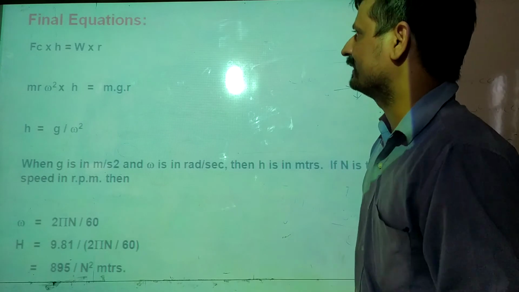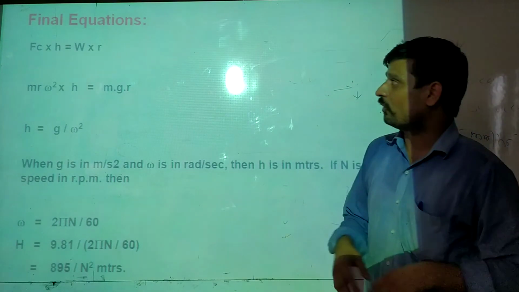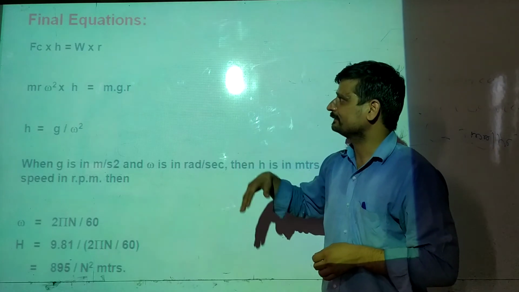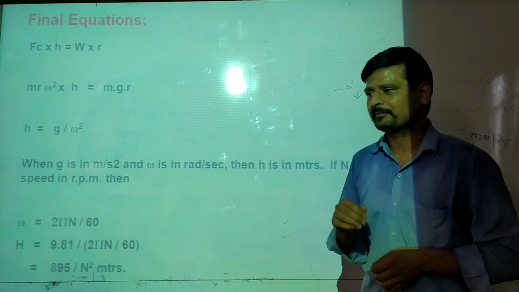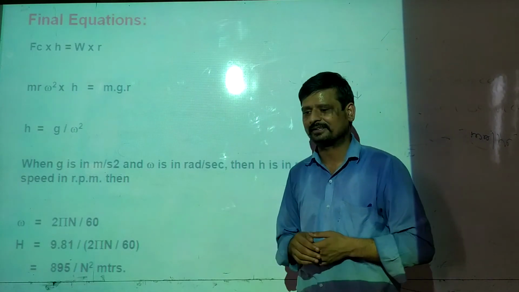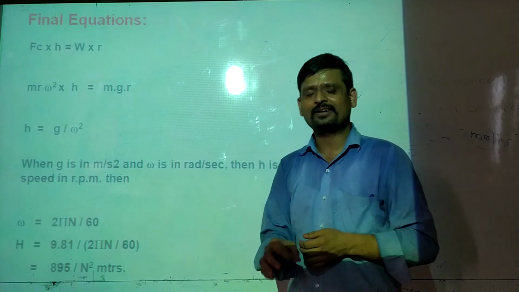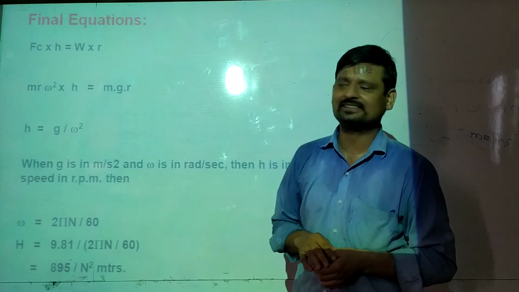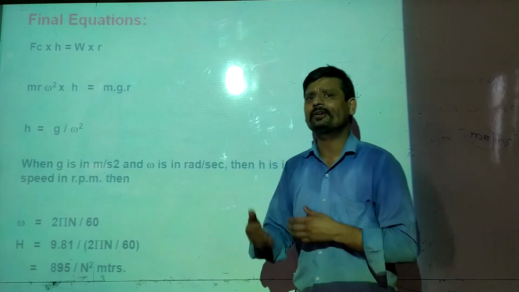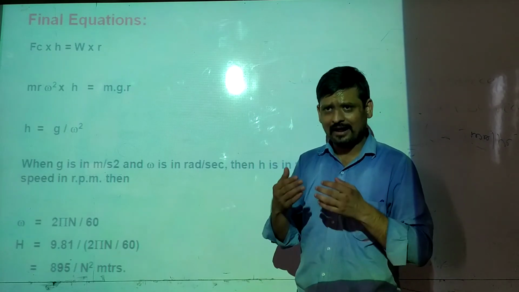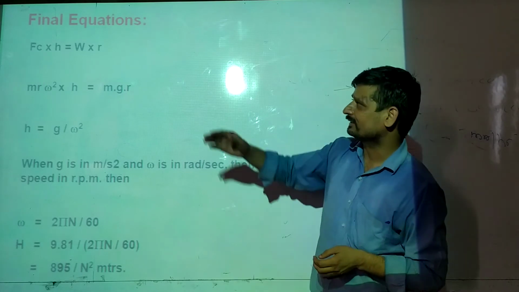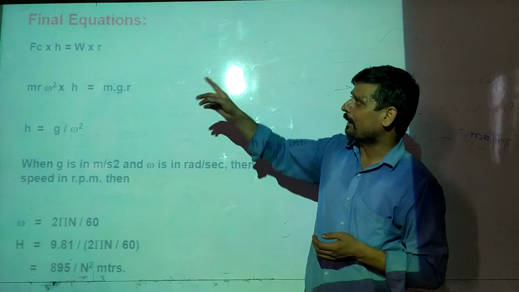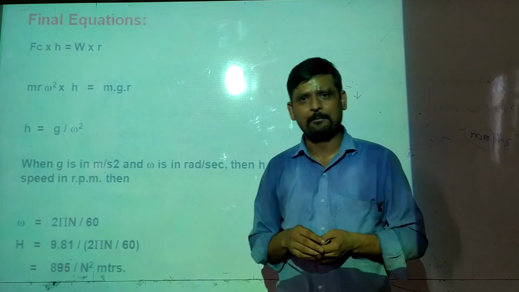Suppose the final equation here for a Watt governor. For doing the final calculation, we should consider all the forces acting on the system. As I discussed earlier, the forces acting on it are the centrifugal force, here denoted by Fc, and capital W, the weight of a fly ball.